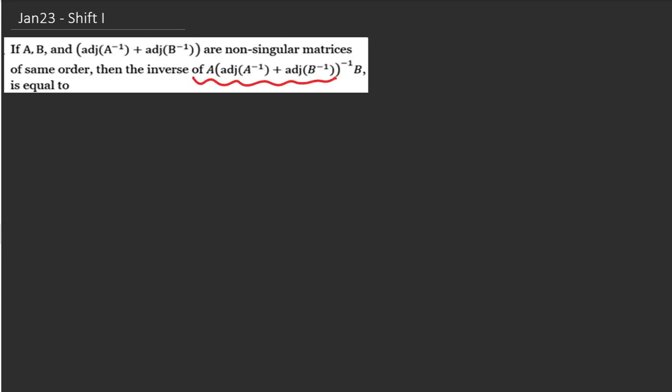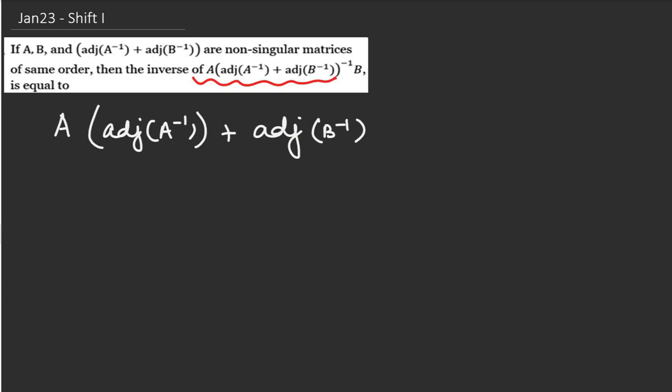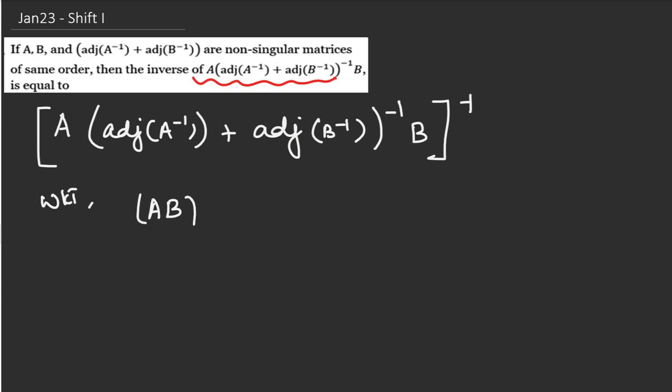Then the inverse of this term is equal to dash. So here we have A into adjoint of A inverse plus adjoint of B inverse, whole inverse, into B. We have to find the inverse of this term. We know the reversal law: AB whole inverse is equal to B inverse A inverse. We are going to use this here.